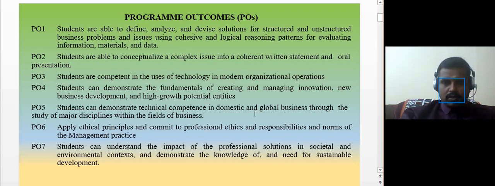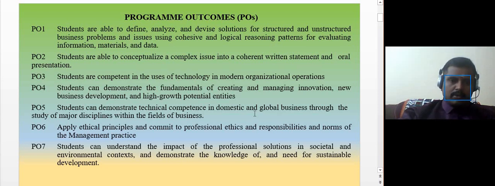The first program outcome: the students are able to define, analyze and devise solutions for structured and unstructured business problems and issues, using cohesive and logical reasoning patterns for evaluating information, materials and data.